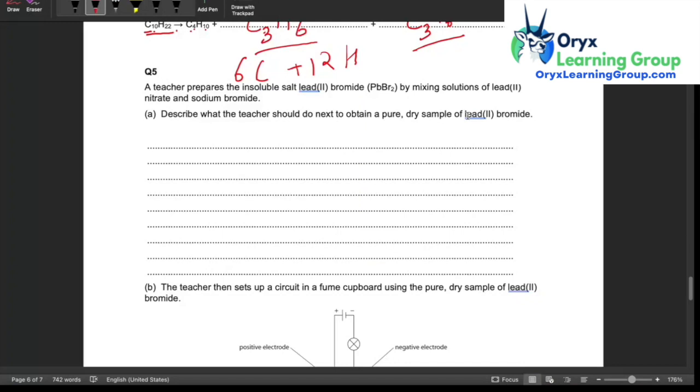Okay, can you tell me the equation for this reaction? So what the teacher should do is first filter the crystals that she obtained, then she should wash them, and then put them in an oven to dry.